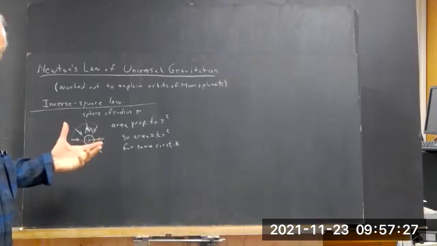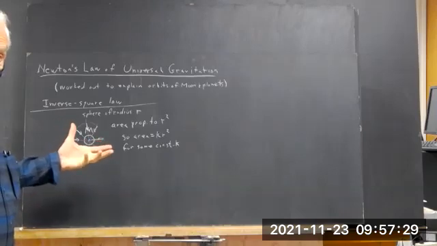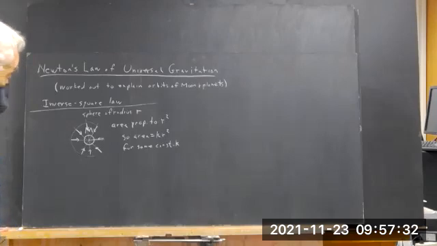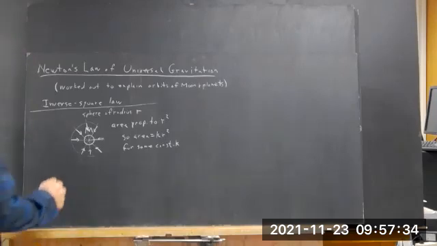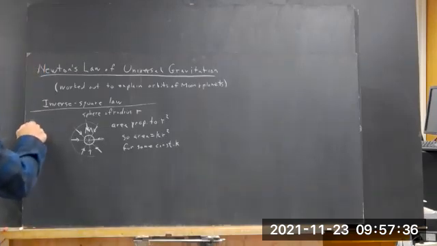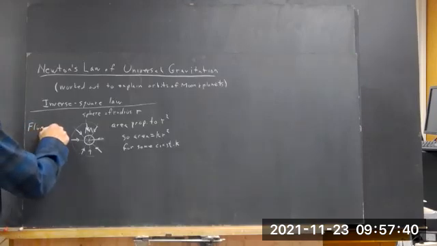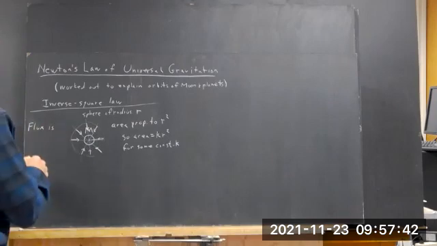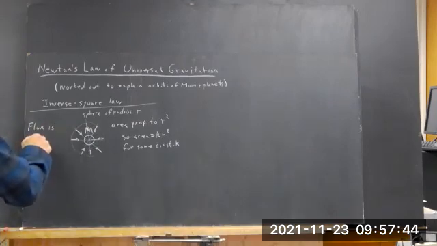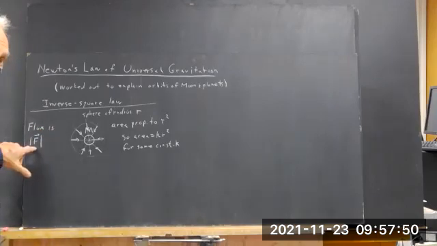Make sense? So the flux is the magnitude of your field, where F is your gravitational field.